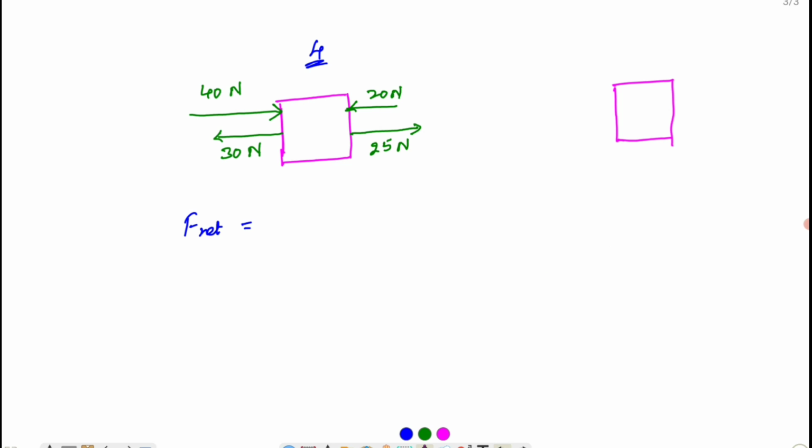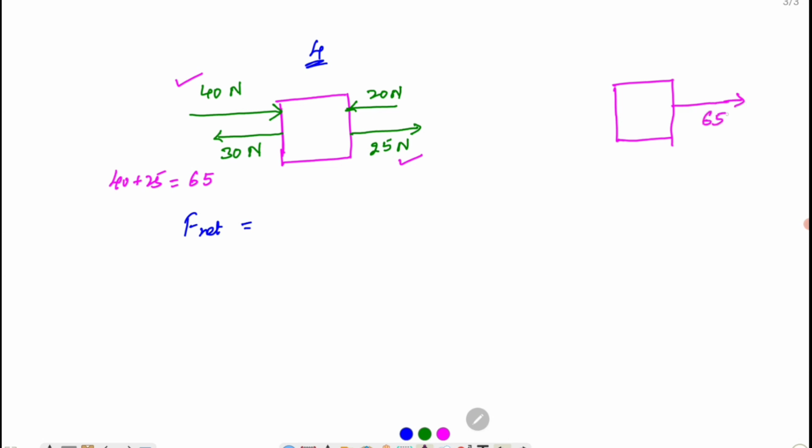So first find out which are acting in the same direction. First let me count from the east. So 40 Newton is acting in this direction and 25 Newton is acting in the same direction of 40. So let me add these two first. So 40 plus 25, which is equal to how much, my dear? 65, which is acting in the direction of east.